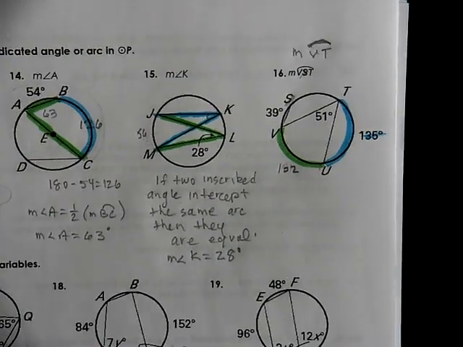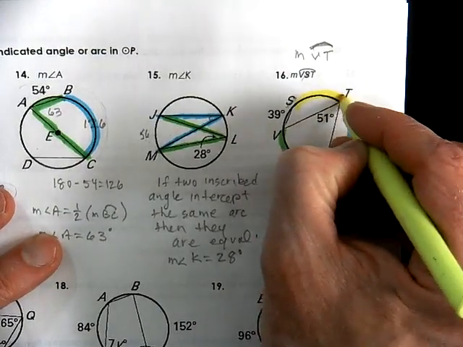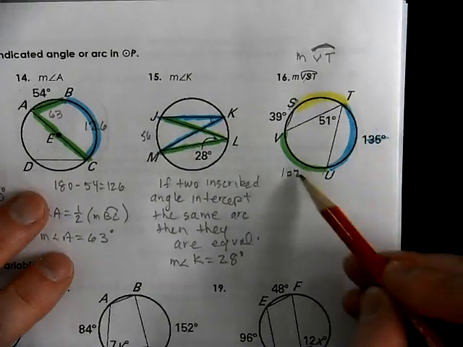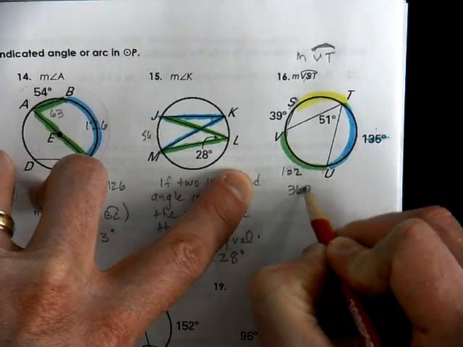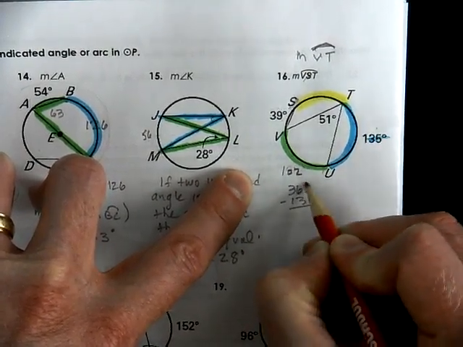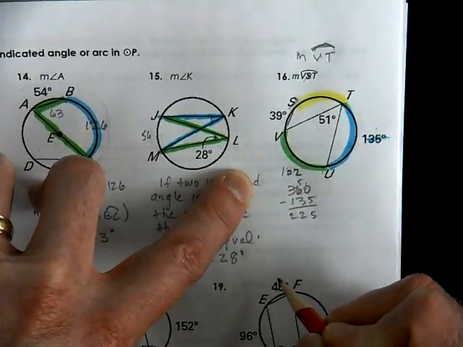And then we have our last arc out here, which is ST. And that's the remaining from 360 when you have these different measurements. So 360 minus 135 is 225.